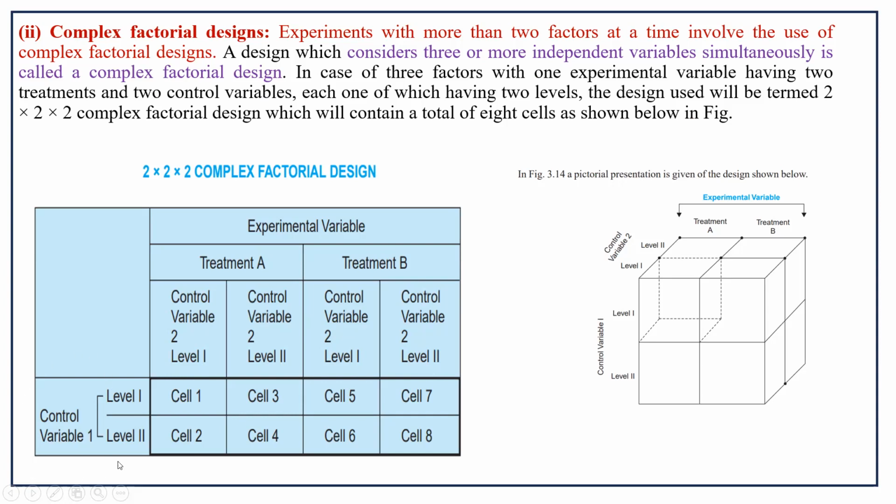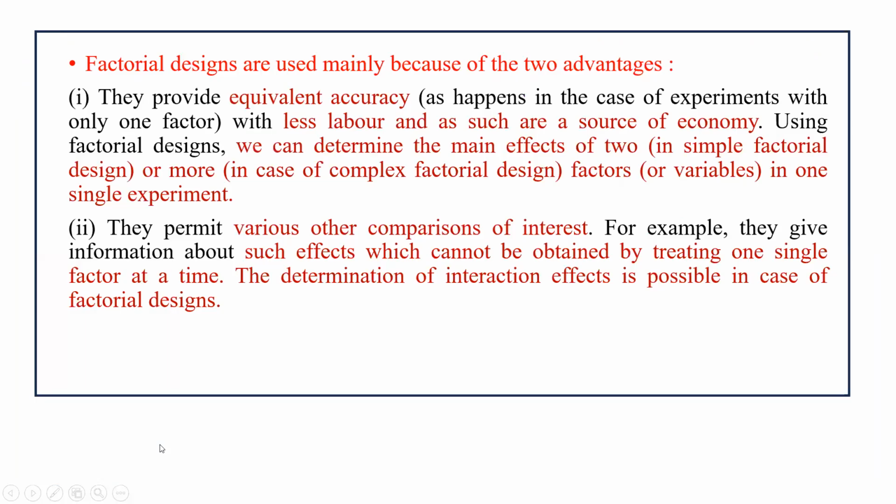And in control variable 1, and this is control variable 2, again level 1 and level 2. These are the 8 cells, or groups you can say, where the treatment can be studied. All over there will be 8 cells where the treatment will be studied: treatment A, treatment B, and control, that is level 1 and level 2. And everywhere there are 2 levels.